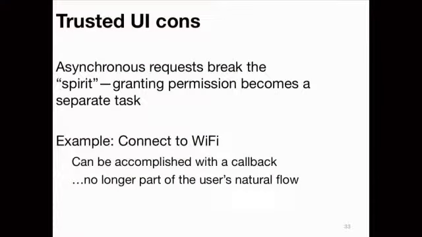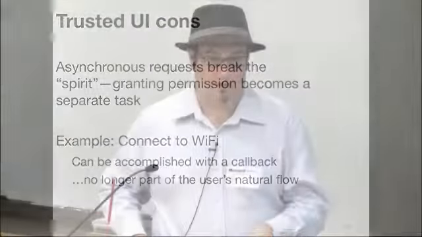But these have some drawbacks. One is that it's hard to grant stuff in perpetuity. Also, it's hard to grant stuff where the initial request wasn't generated by the user. Certainly, you could do this with various callbacks, but I argue that this breaks the user's flow and these devolve into just another confirmation dialogue if they're explicitly performing some permission granting task to grant a future permission.